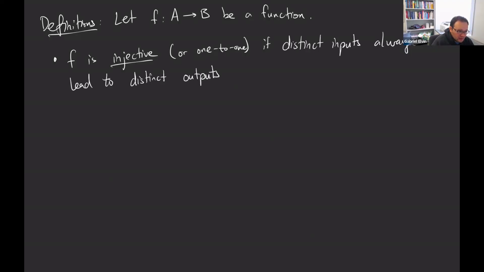So, in other words, for all A and B in A, if the inputs are distinct, right, because they're in A, so they're in the domain, so they're going to be inputs, then their outputs should be distinct.